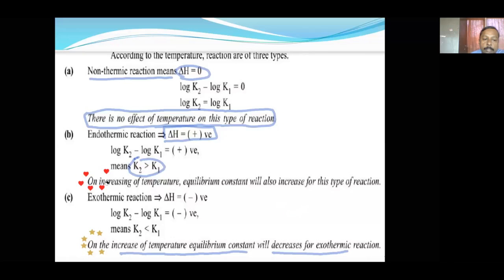Is it understood? So for endothermic it is directly proportional, for exothermic inversely proportional. I think it is clear now. These two sentences are going to give you 4 marks plus. If you neglect this, you will get -1 mark. Okay, so let us see the next topic.